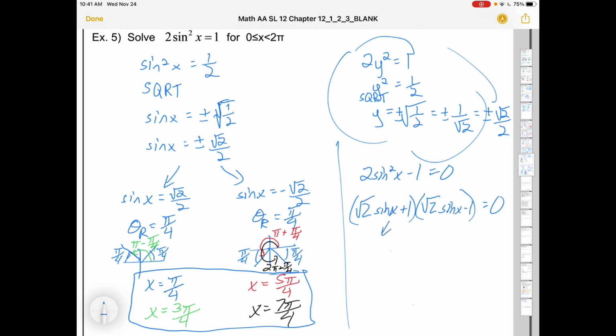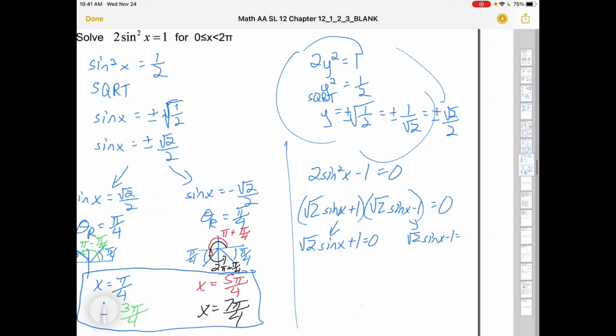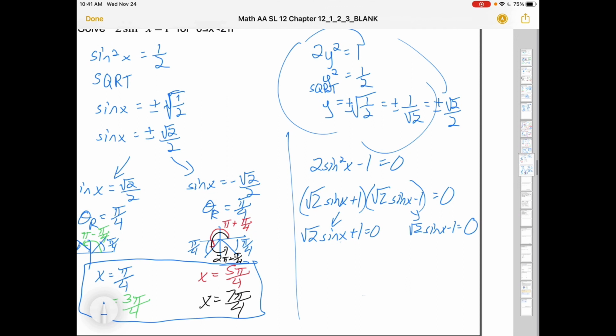The nice thing about factoring is that you don't miss that second equation or that negative possibility. And we get this. And again, I don't think this is the slickest way to do this. And you could move stuff around. Root 2 sine x equals -1, so sine x is negative 1 over root 2, which we know is negative root 2 over 2. Ha! That's one of the equations that we solved over here.